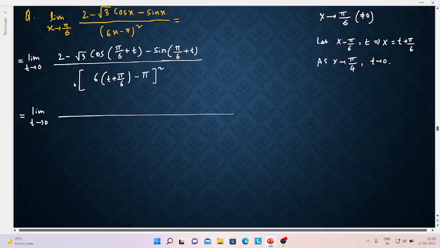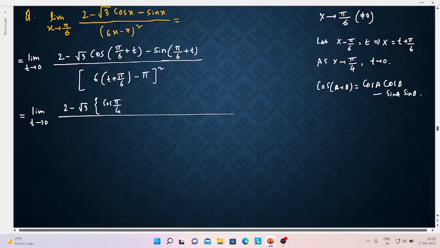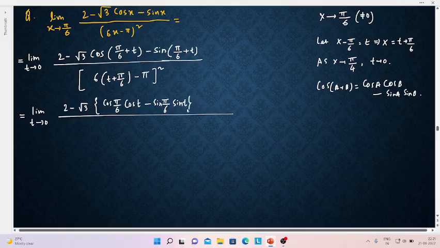On the numerator we will have 2 minus root 3 times, and we know the formula of cos a plus b. I will write down here that cos(a plus b) is nothing but cos a cos b minus sin a sin b. So cos of pi by 6 plus t can be written as cos pi by 6 cos t minus sin pi by 6 sin t.